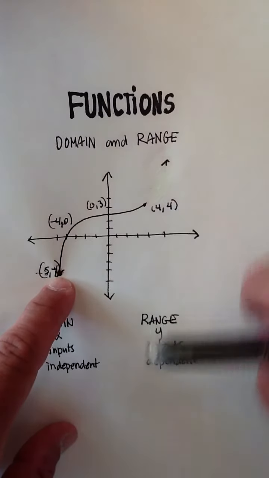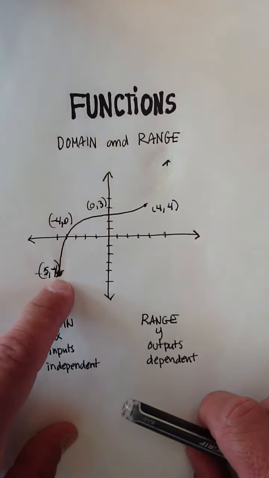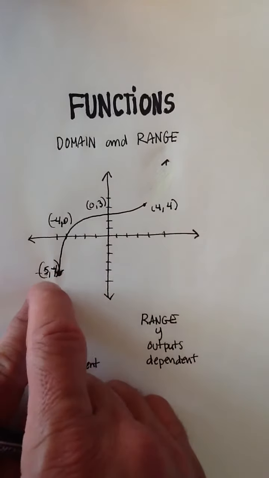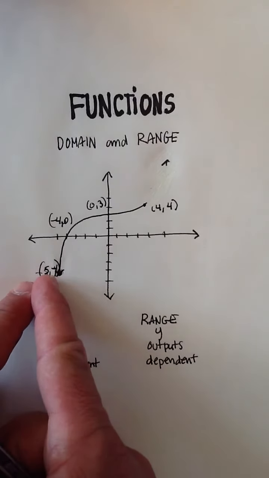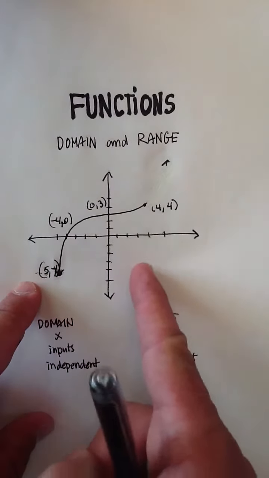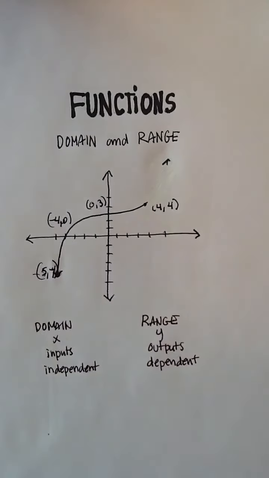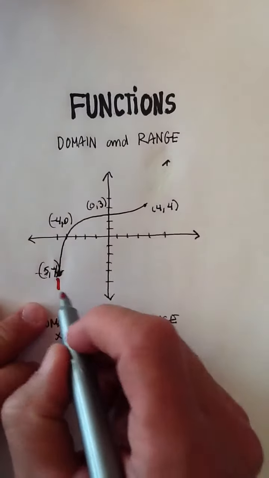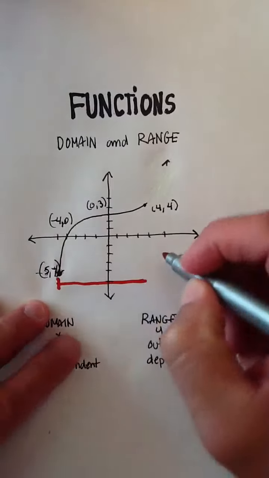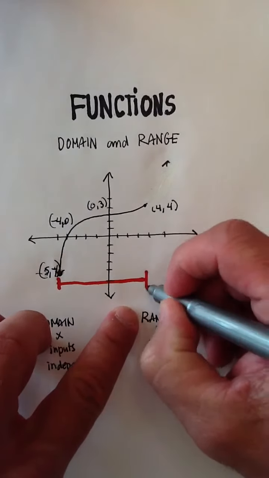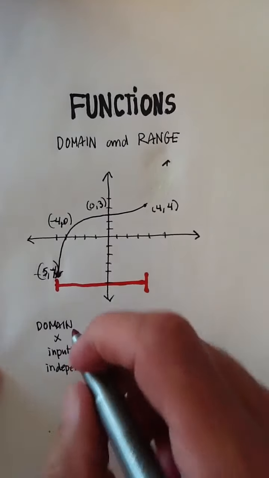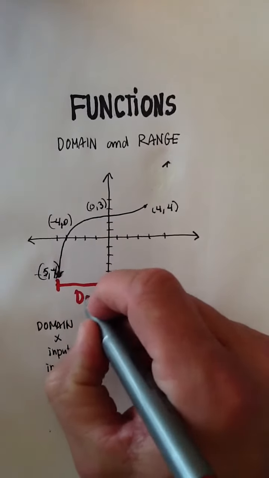Okay? Now I can figure that out by looking at just the x values. And I notice that the x's go all the way down to negative 5, all the way up to positive 4. So we're going to mark that in red. We're going to go from here all the way up to here. And that would be the domain. Okay, so let me write that in there.